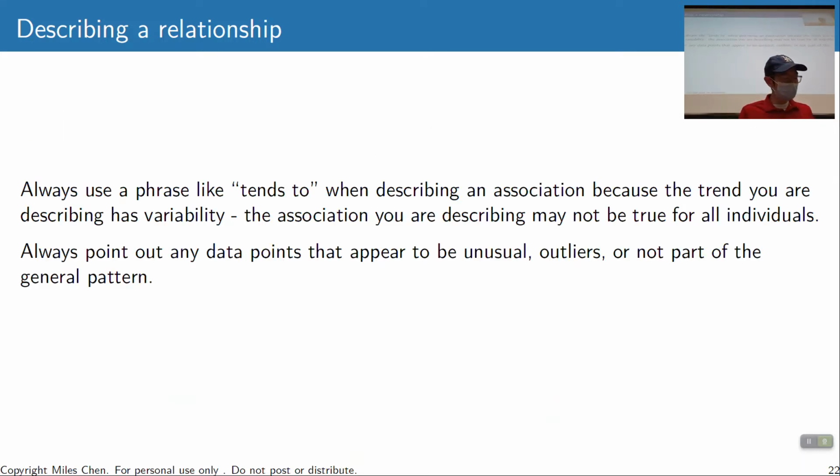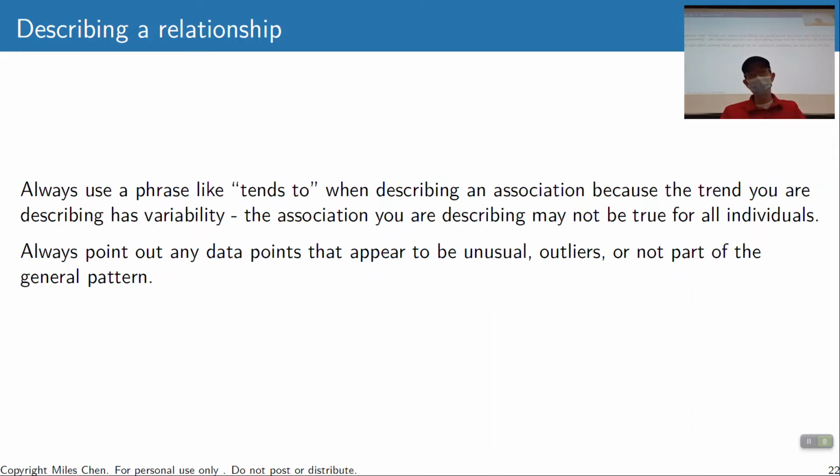Now, when we describe a relationship, we want to be careful, and we always want to use words like "tends to" or things like that, just because whenever we talk about individuals, or any of these individual points, there's going to be variation. And so overall, large x tends to go with large y, and small x tends to go with small y. That's fine. You can say there's a positive relationship. But of course, there's going to be some exceptions.